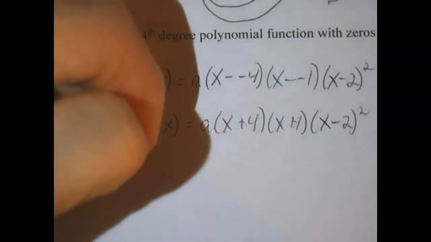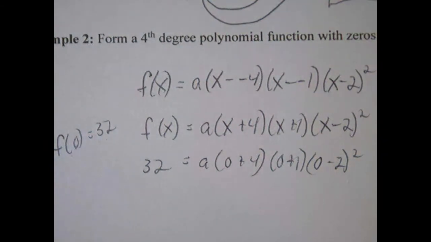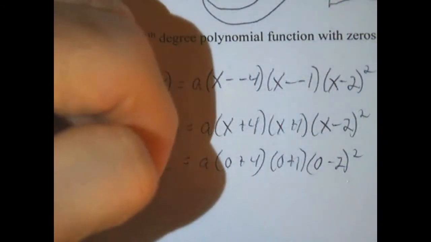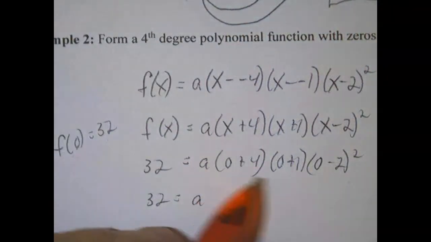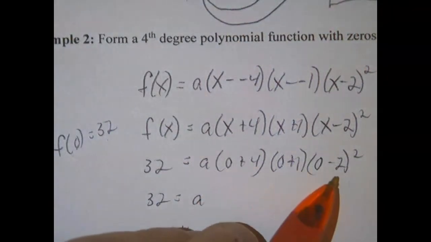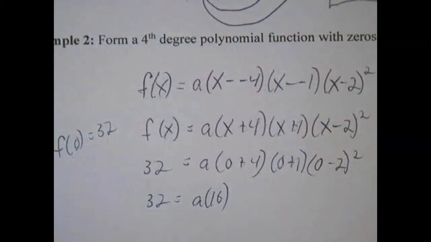So I'm going to make this 32, and this would be a times 0 plus 4 times 0 plus 1 times 0 minus 2 squared. And let's solve that for a. So we have 32 equals a times 4 times 1 is 4 times 4 is 16. So a is 2.